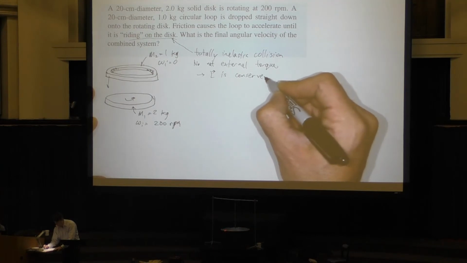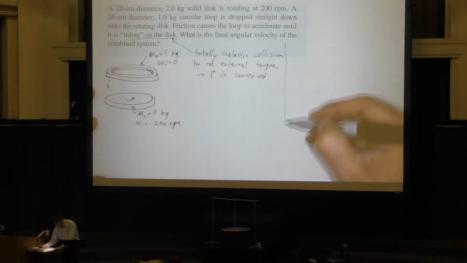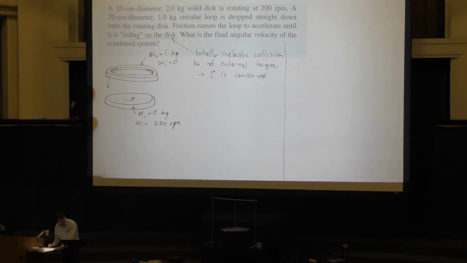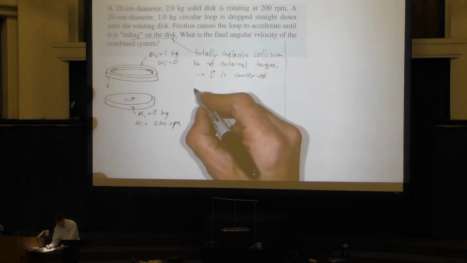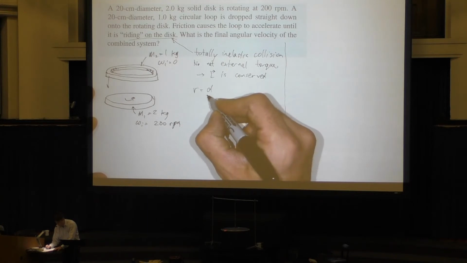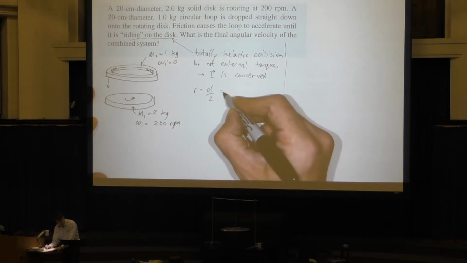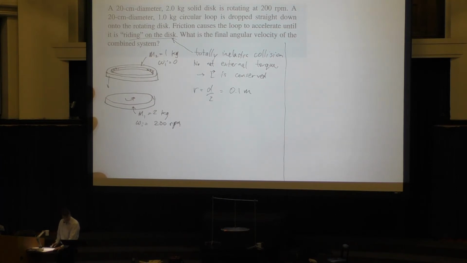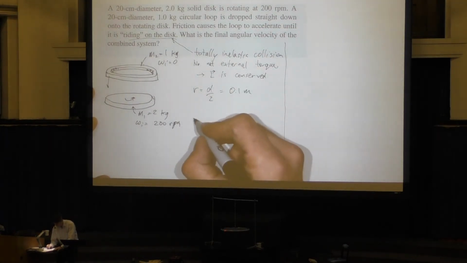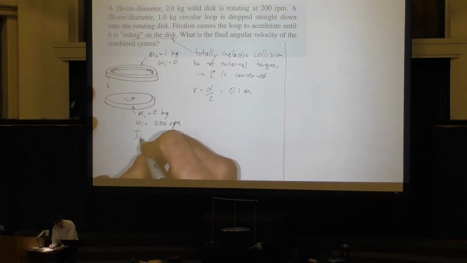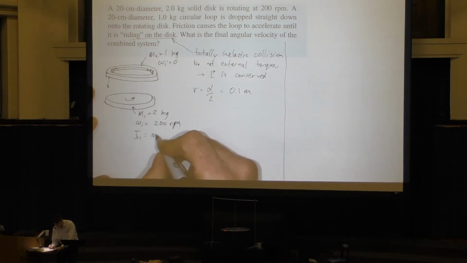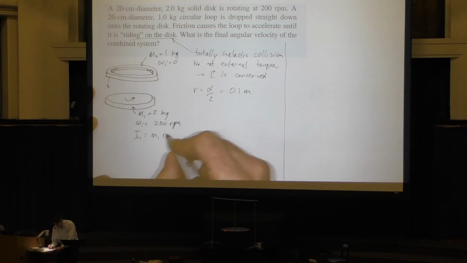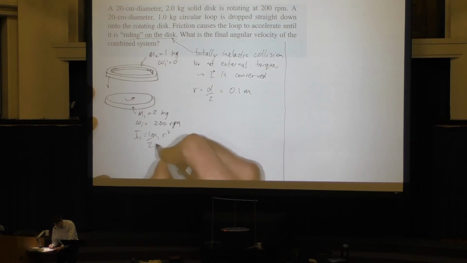That's how this is going to go. Remember that R is equal to D over 2, which is 0.1 meters, because it's 20 centimeters diameter. So I guess I1 is going to be equal to the M1 times R squared, but it's going to be a half because it's a solid disk.